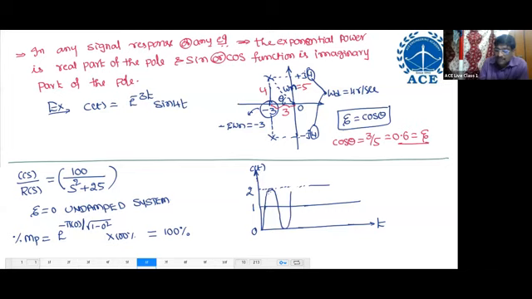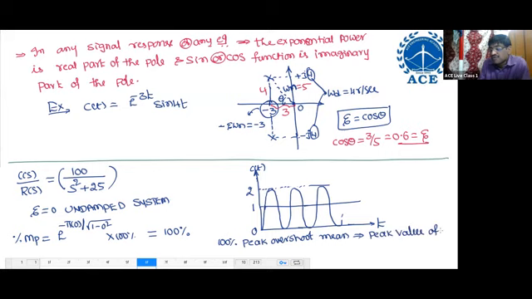Because 100% peak overshoot means the peak value of the output is double the amplitude of the input.